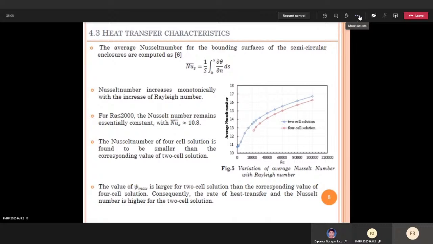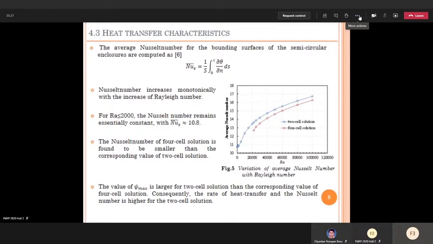This insensitivity of Nusselt number with respect to Rayleigh number for small values may be correlated to the heat transfer characteristic present at low values of Rayleigh number, and we have already discussed that for low values of Rayleigh number, the heat transfer phenomenon is dictated by conduction.